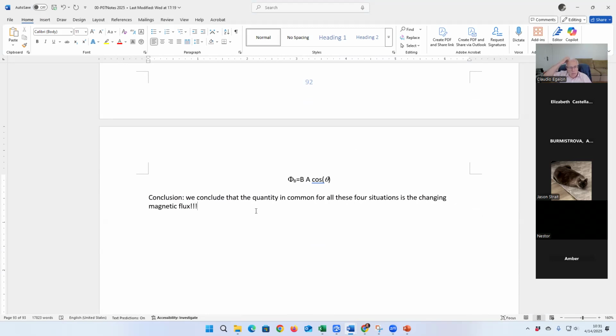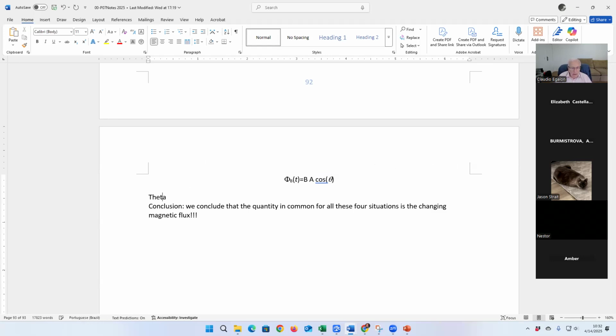Okay? If you have a changing magnetic flux through a circuit, you will be able to induce an electric current in this circuit, either by changing the magnetic field in time, by changing the area of the electric circuit, or by changing the orientation of the plane of the circuit with respect to the magnetic field. Okay?